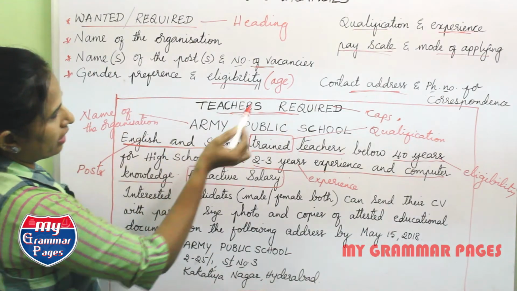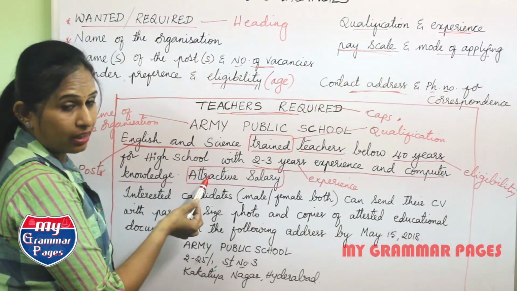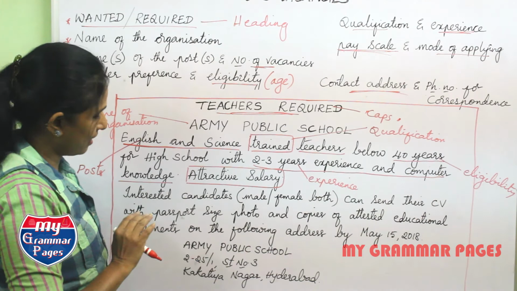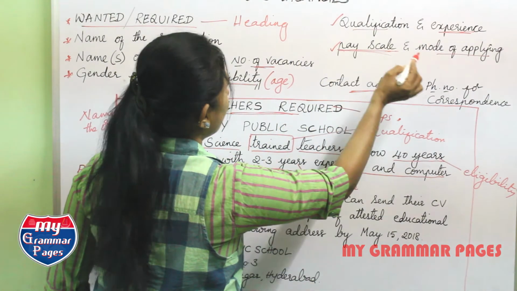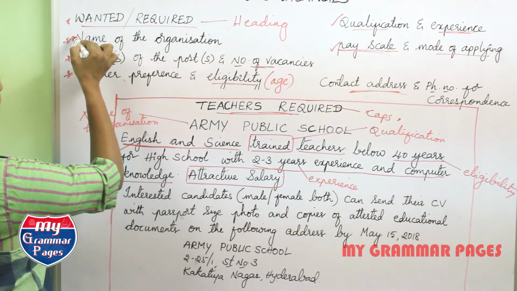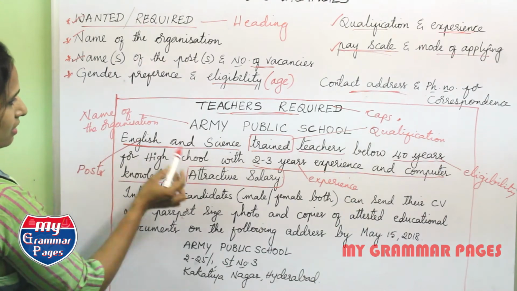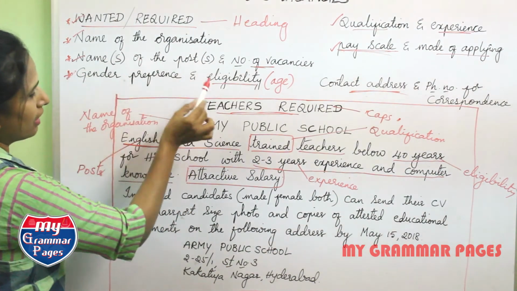I told you about pay scale; in place of attractive salary, if you want to give a figure, you can, otherwise you can simply write attractive salary. Qualification and experience are done, pay scale is done, name of the organization we have discussed, heading done, names of the posts and number of vacancies, there are 2, and gender preference and eligibility are done.